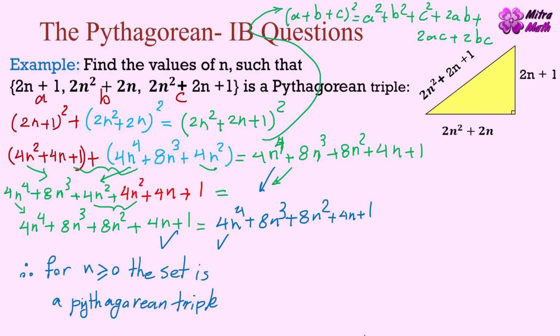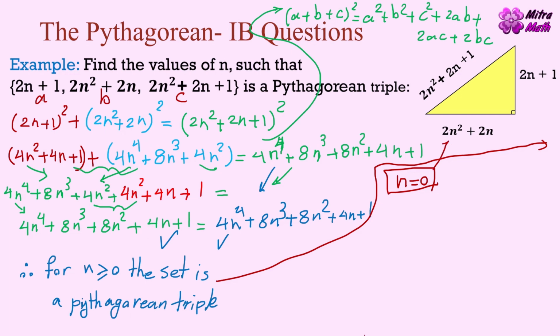The special values start with n equals 0. Let's see if this is valid for the equation or not. If n equals 0, and you substitute n into both legs and the hypotenuse, you will get the set 1, 0, 1. We don't have such a size, okay?